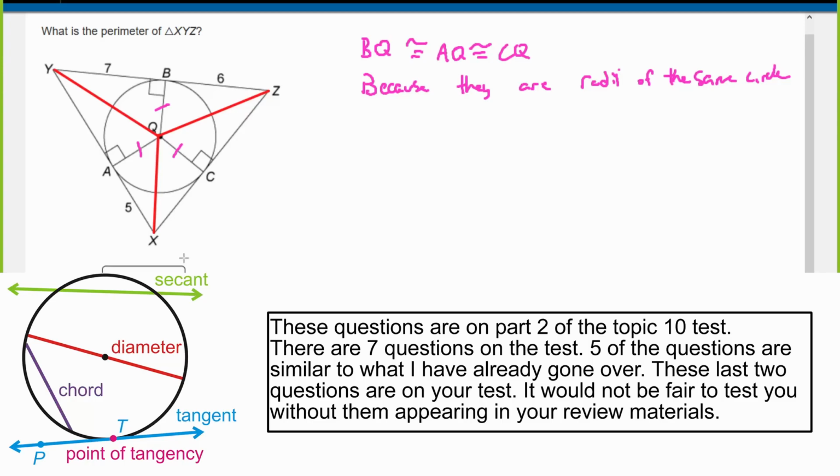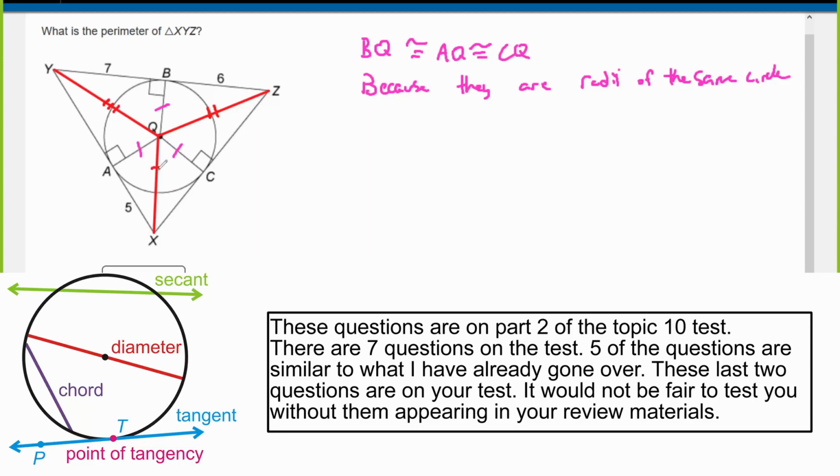Is that greatly meaningful to us right now? No, we're not actually going to use it. Just want to bring it to your attention. What I do want to bring to your attention is QZ in both triangle BQZ and in triangle CQZ is going to be congruent every time, as well as here. QY is congruent to QY in both BQY as well as AQY. So I'm going to make sure that we know those are congruent.